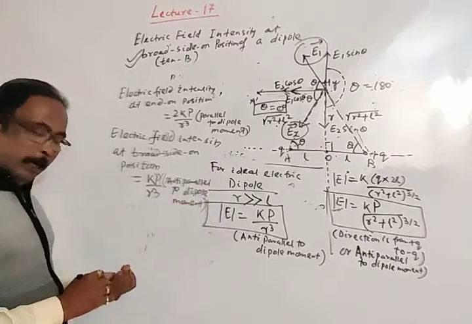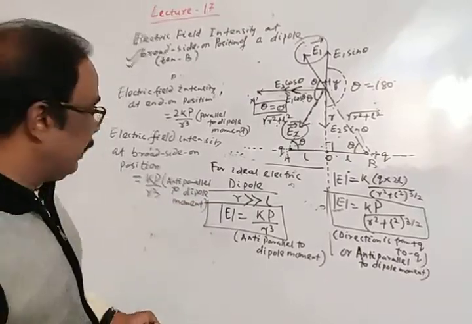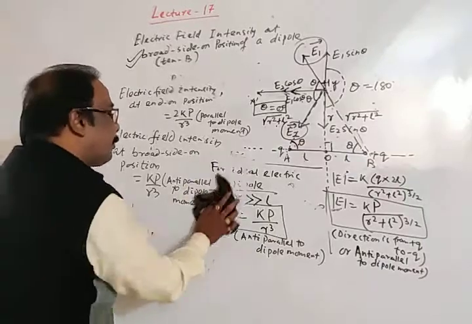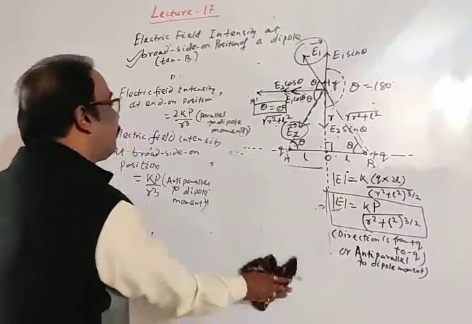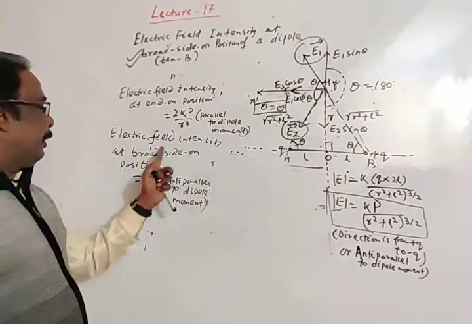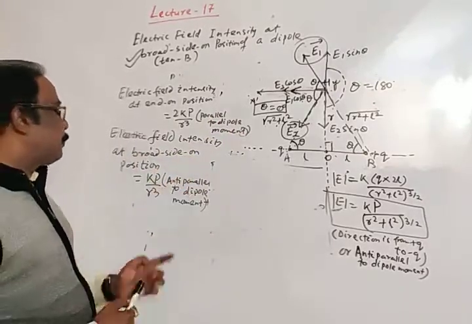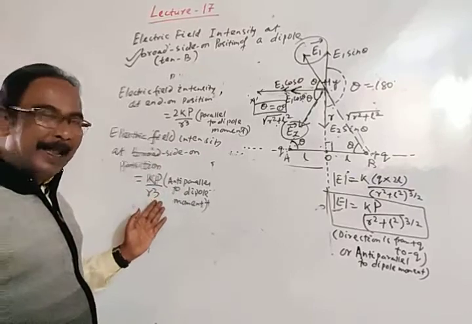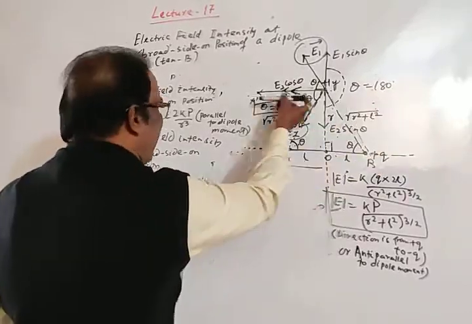Okay, so at the end-on position, electric field intensity is 2 Kp by R cube for an ideal electric dipole, and direction is parallel to dipole moment. Electric field intensity at broadside-on position is Kp by R cube for an ideal electric dipole, and direction is anti-parallel to dipole moment.